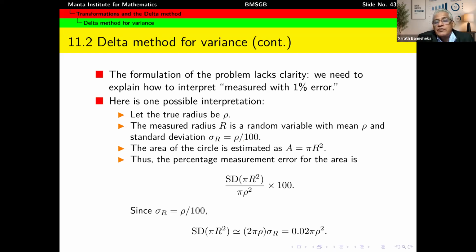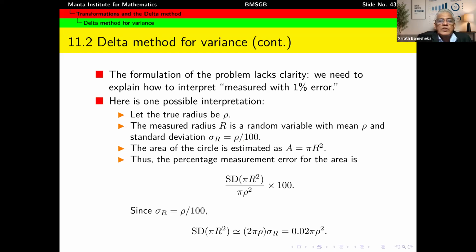The area of the circle, if the observed radius is r, we will calculate the area as pi r square. So that's actually a transformation of r, pi r square.